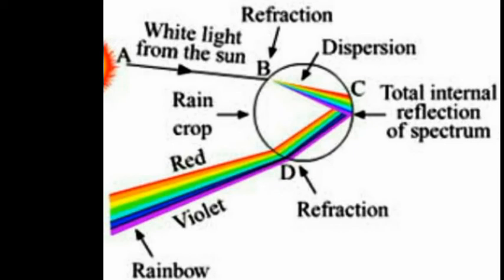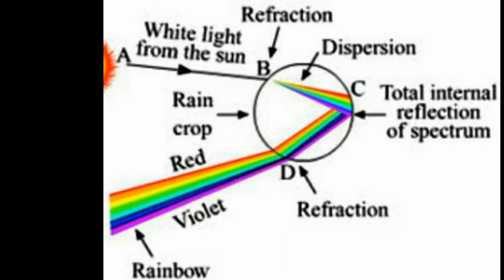From that side, these 7 colored segments again undergo refraction and emerge out from the water droplet. Now, an observer facing that water droplet can see these 7 colored segments. That's why it is always possible to observe the rainbow in the direction opposite to the sun.